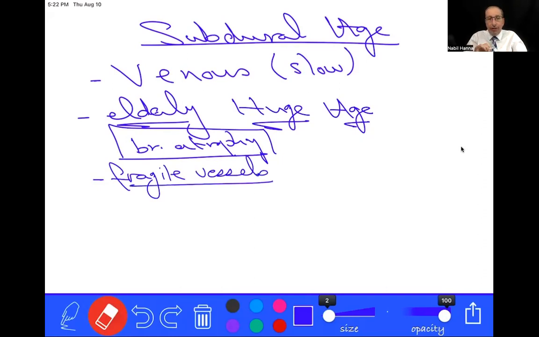And because this is a vein, it's a low pressure system, especially if they are standing or sitting, the pressure is even less. So the bleeding out of this vein occurs very, very slowly and very gradually. And the brain atrophy allows the space for this bleeding to reach a big size, and this is usually the picture in subdural hemorrhage.